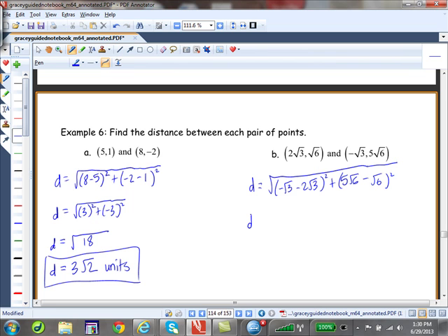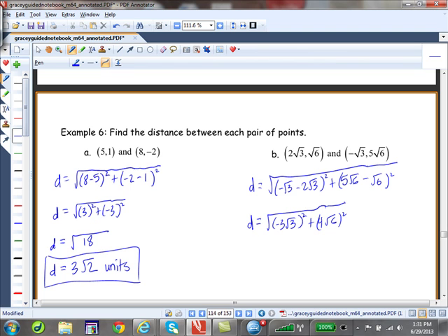So d is the square root of. So we'll get negative 3, because negative 1 minus 2 is negative 3. Root 3, they have like radicals, and we'll be squaring that. And then 5 minus 1 is 4. Root 6, those are also like radicals.